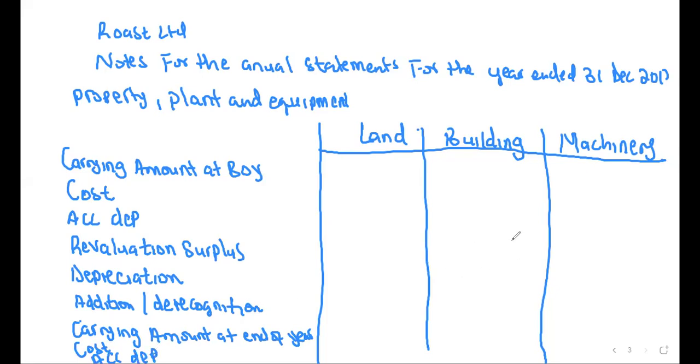I think that's what we need on our PPE. So once you have this, you can now go and do your calculations below. All your calculations should be below your answer, which means you should have the format for the answer first, then you go and do the calculations.